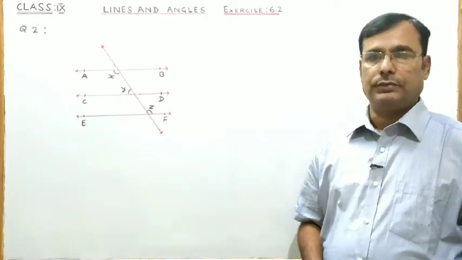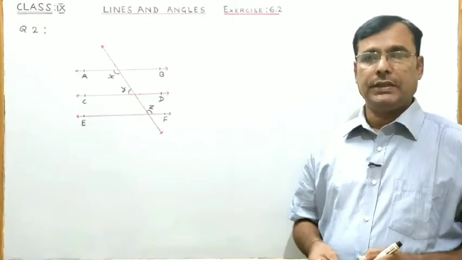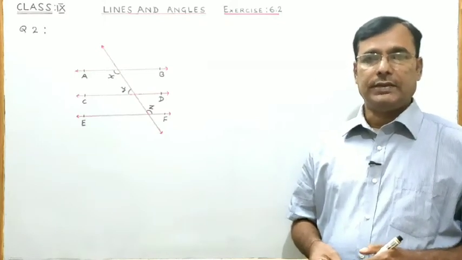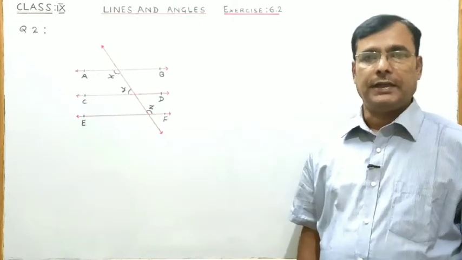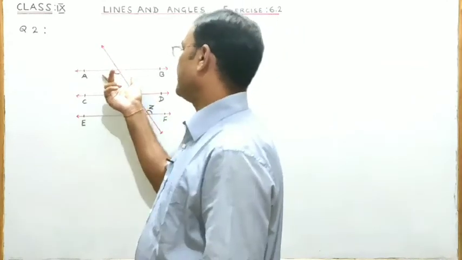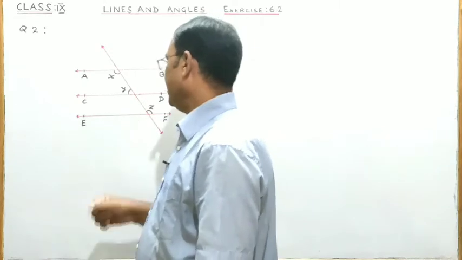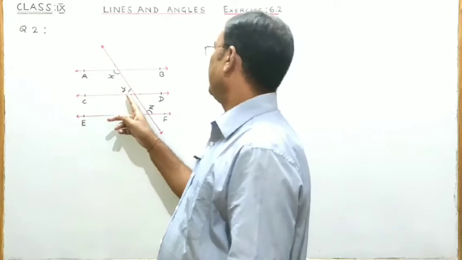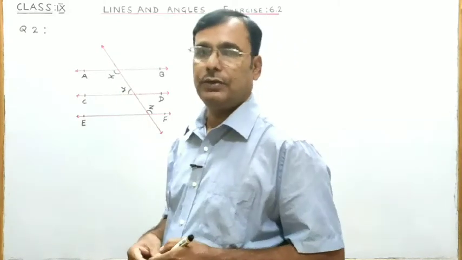Now question number 2. In the given figure, if AB is parallel to CD and CD is parallel to EF and y is to z is equal to 3:7, then find x. Here in this given figure, AB is parallel to CD and CD is parallel to EF. Ratio of angles y and z is given 3:7.